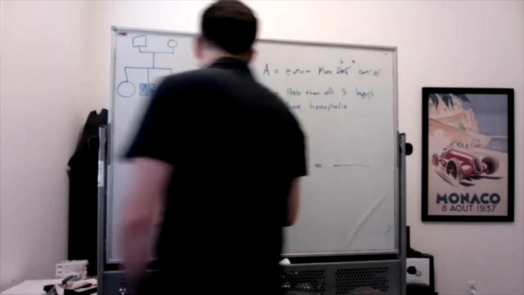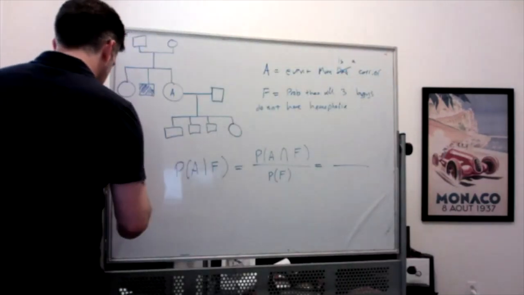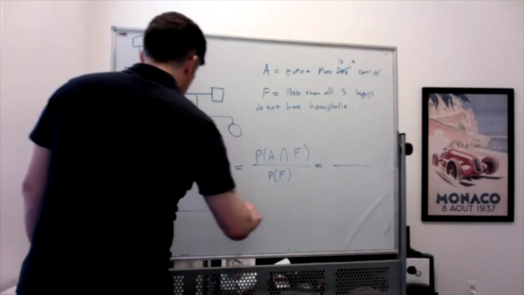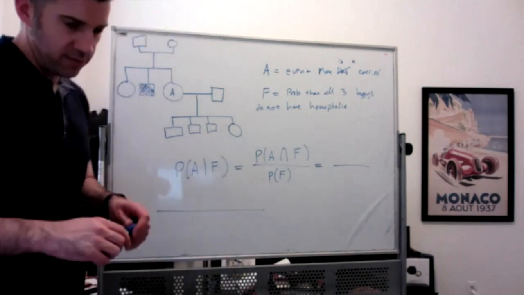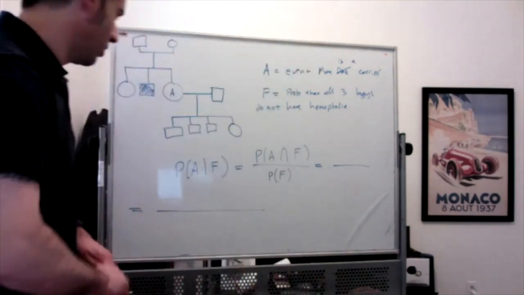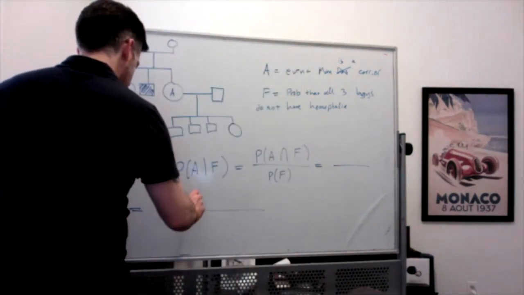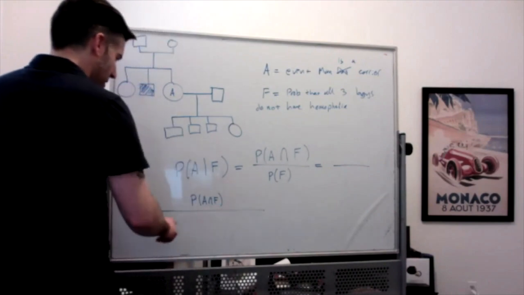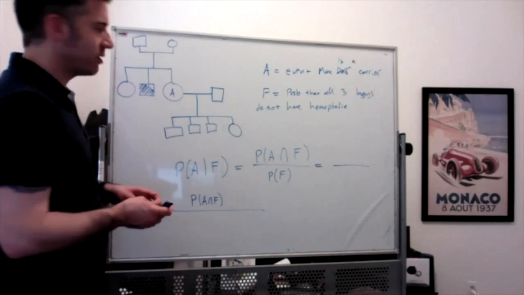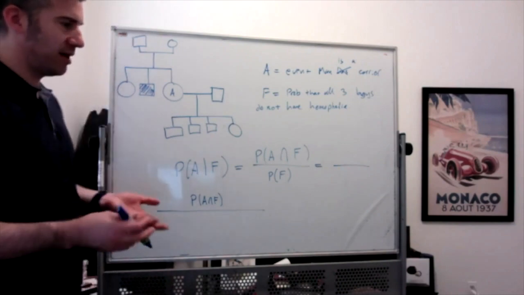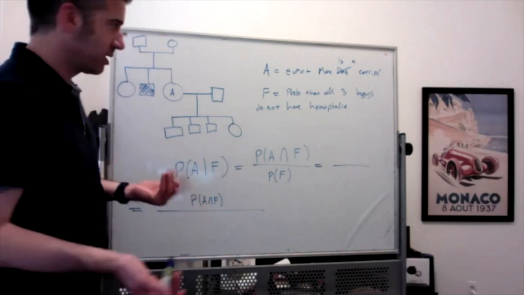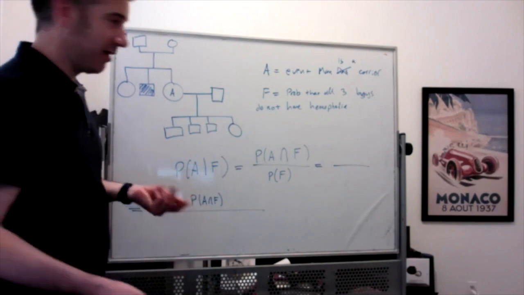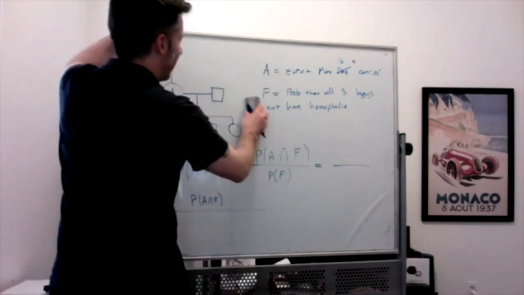So we're going to say that the probability of all 3 sons not having hemophilia is going to equal, this is where we use the law of total probability. Or we could have made, so I like doing it this way, but I also like using the tree. I think the tree diagram is very nice.